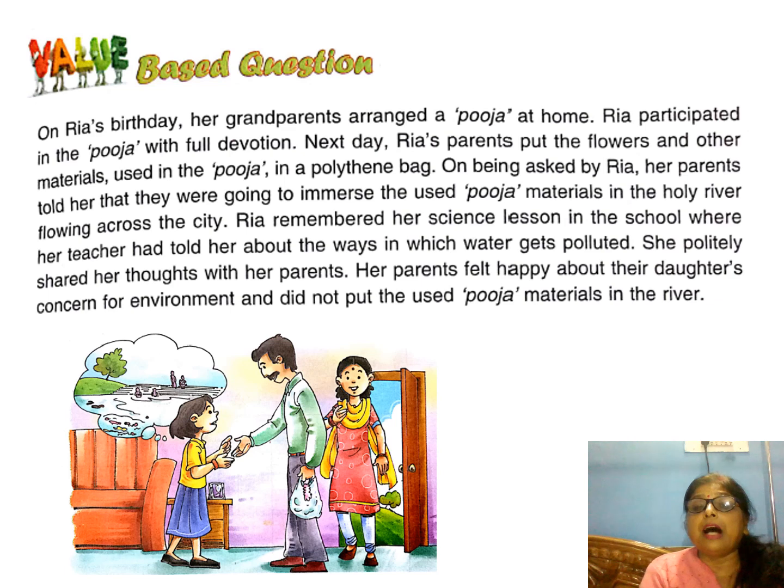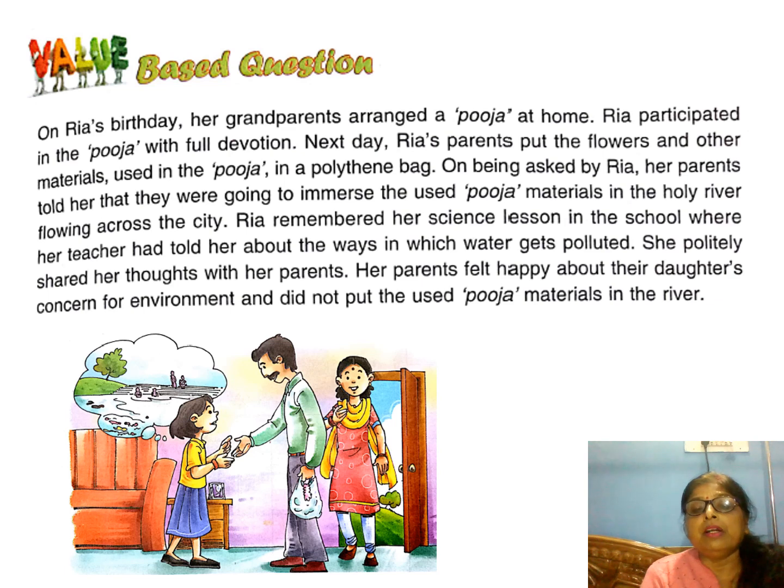Next day, Riya's parents put the flowers and other materials used in the puja in the polythene bag. On being asked by Riya, her parents told her that they were going to immerse the used puja materials in the holy river flowing across the city.